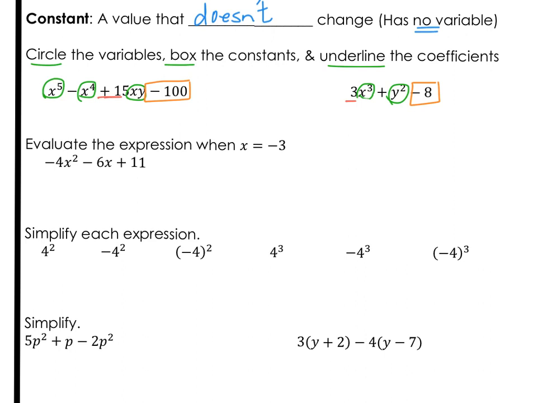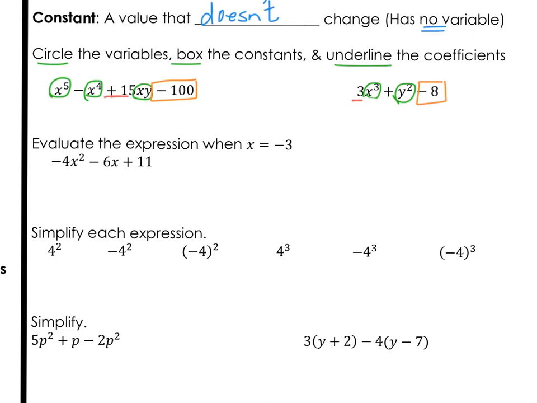That is the coefficient in front of the xy term. But technically there are other coefficients represented. The number in front of x to the 5th is technically a 1. And the number in front of x to the 4th is technically negative 1. Those coefficients will be meaningful when we evaluate.